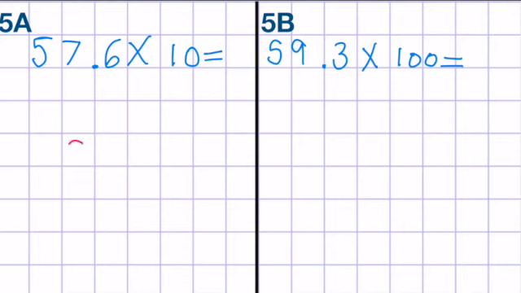Okay, 57.6. So I'm going to put here tens, ones, and tenths. And I'm putting my decimal place in my heading now. We're multiplying, so the digits are getting bigger. That means they're going to move one place left. When we multiply, it gets bigger. When we multiply by 10, there is 1 zero, so the digits move one place left.